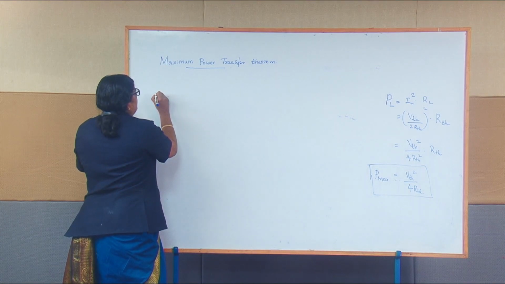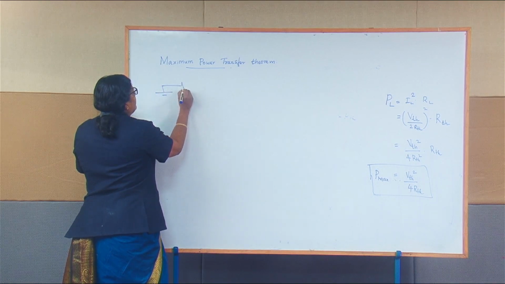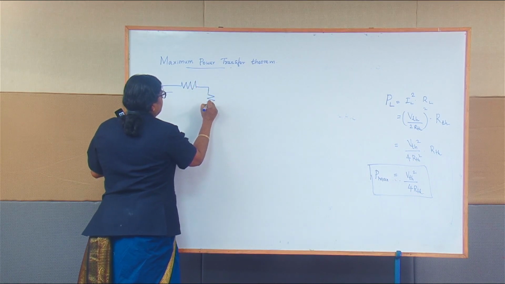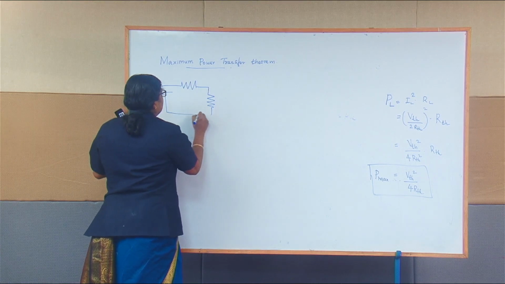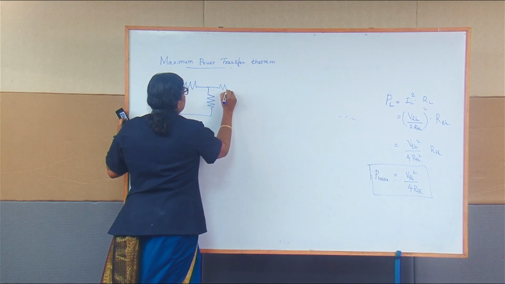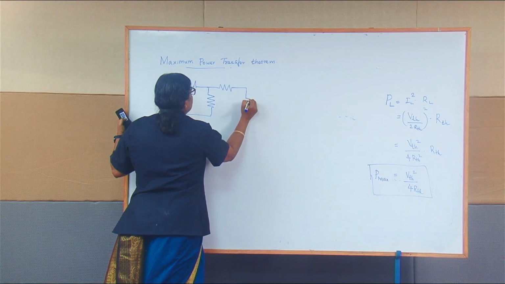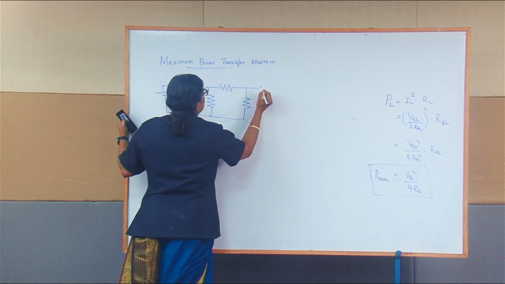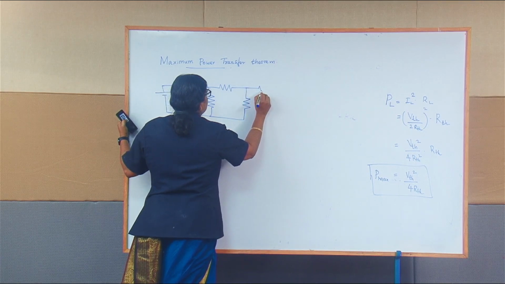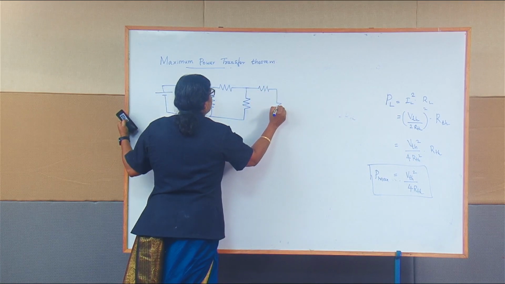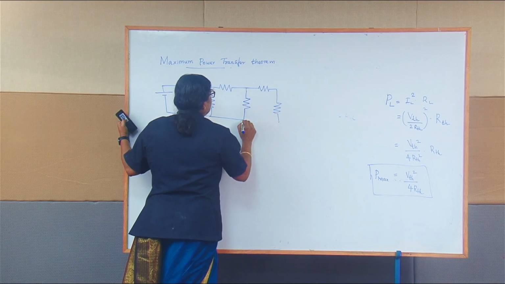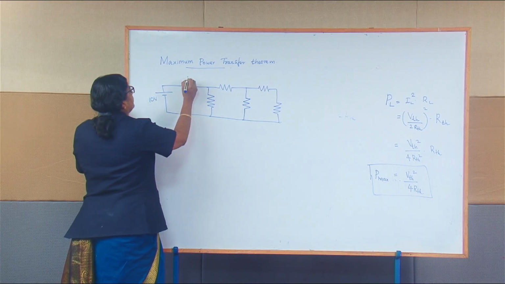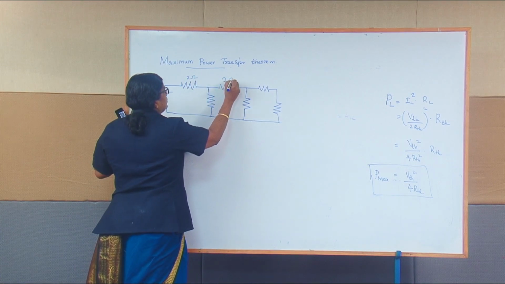Let's take one example: 10 volts, 2 ohms.